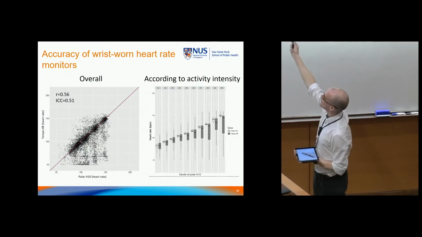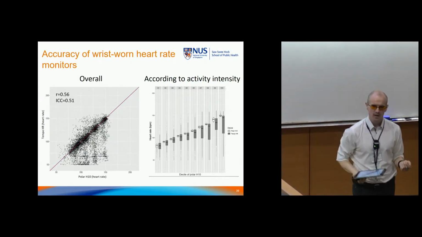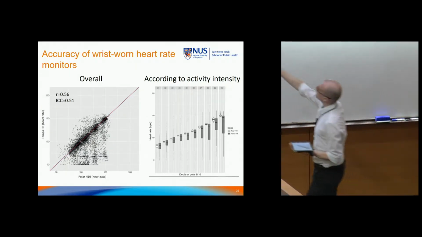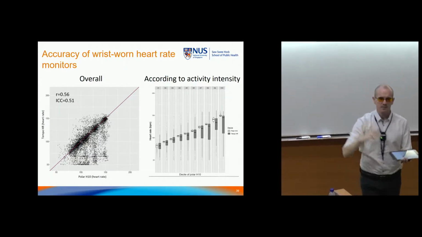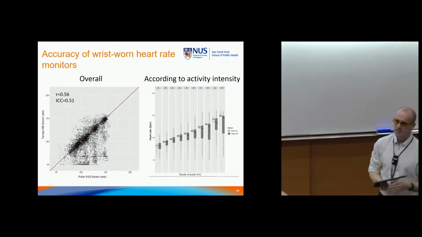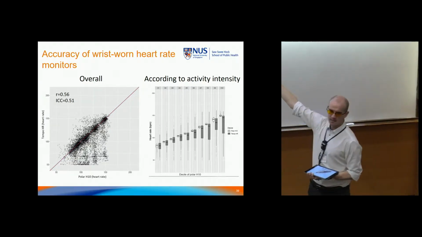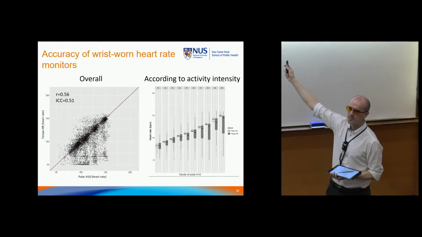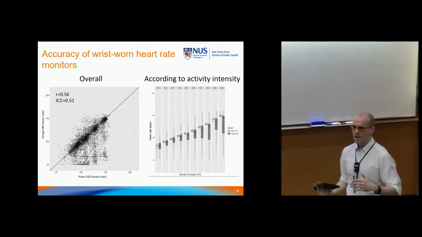This is what we see when we look at it by heart rate level and intensity. We see that at low to moderate intensity, the measurement error is a lot smaller. But when you move up to higher heart rates, as reflected here by deciles of heart rate intensity, the measurement errors become a lot bigger and also more variable.